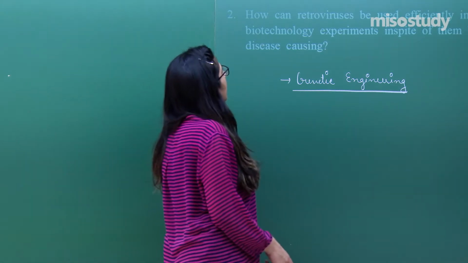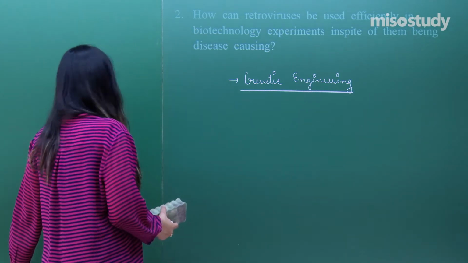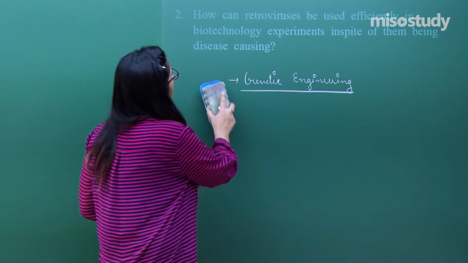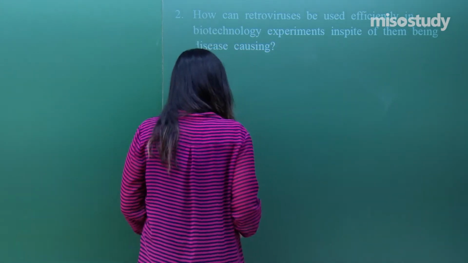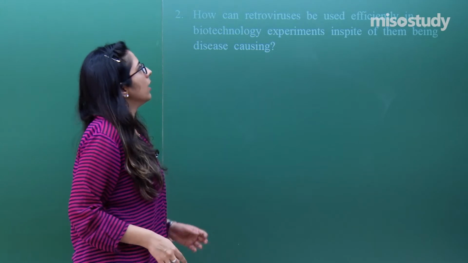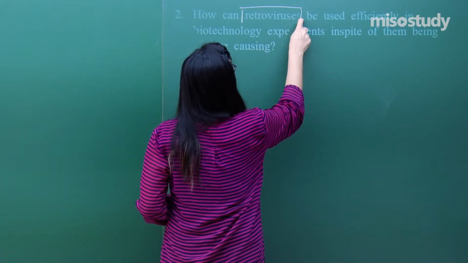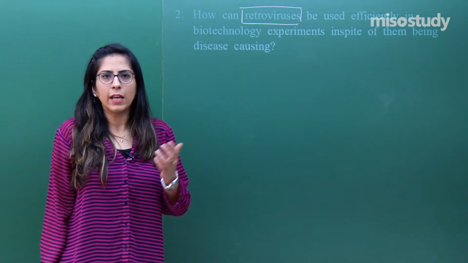Here the question asks how retroviruses can be used efficiently in a biotechnology experiment in spite of them causing diseases. One word mentioned here is retrovirus.